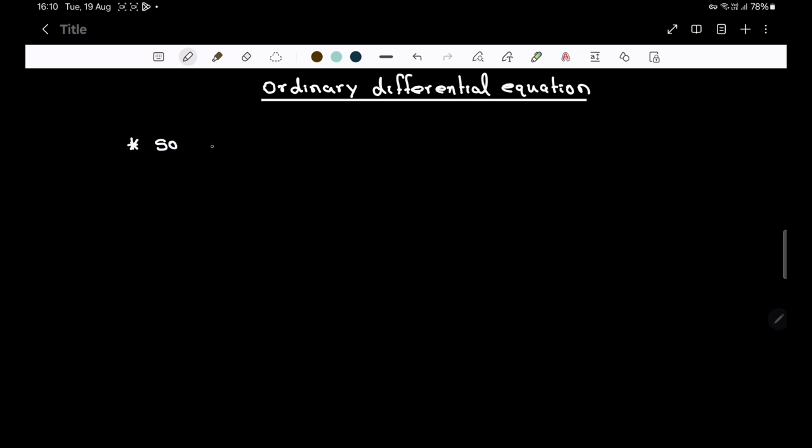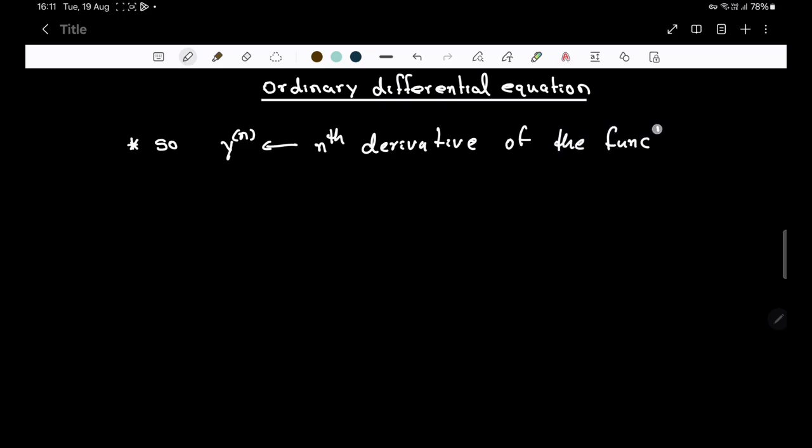What do we denote by y^(n)? y^(n) means the nth derivative of the function y.